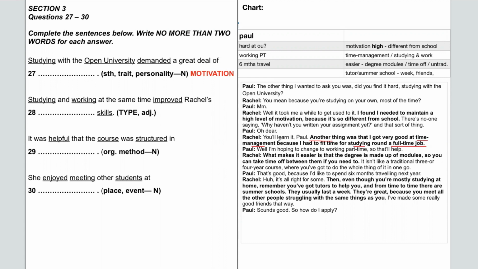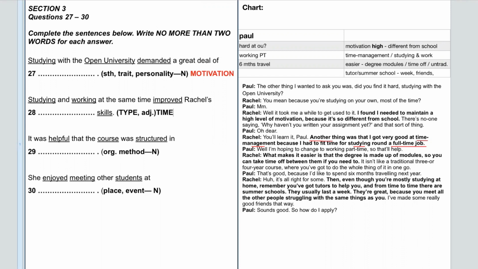And time management, if you have studied your vocabulary beforehand, is a type of skill. So you should be able to fit these two things together. So even though she doesn't necessarily say that she's talking about skills, it's quite obvious that time management is a skill. And the fact that studying and working are both mentioned here is a clear giveaway that number 28 is time management. So let's go ahead and write that here as well.